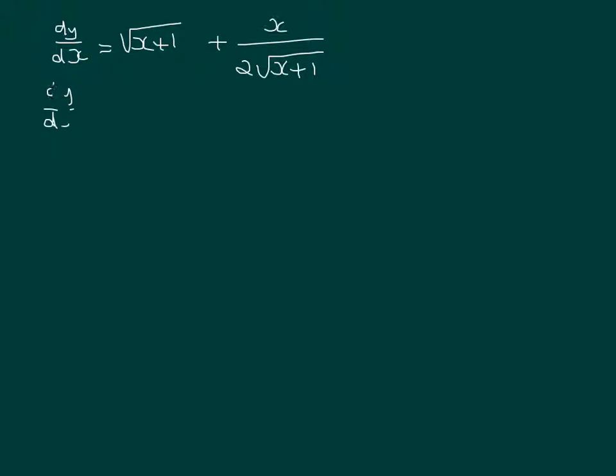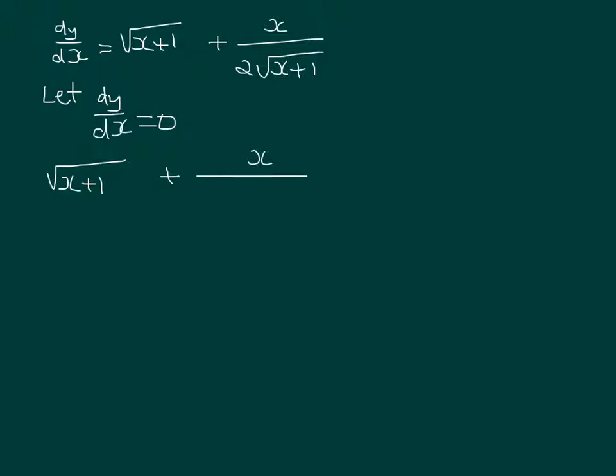So to find the stationary point, we let dy dx equals 0. So root x plus 1 plus x over 2 root x plus 1, I'm going to make that all equal to 0.